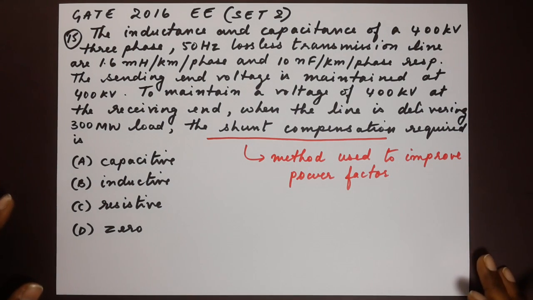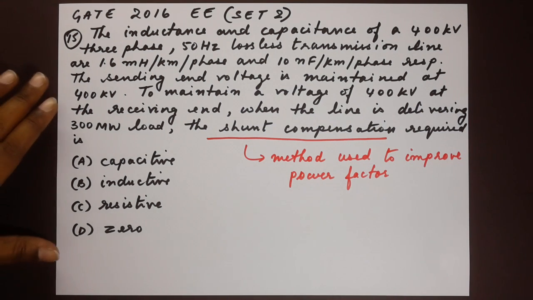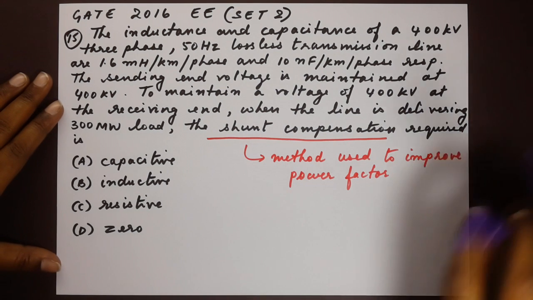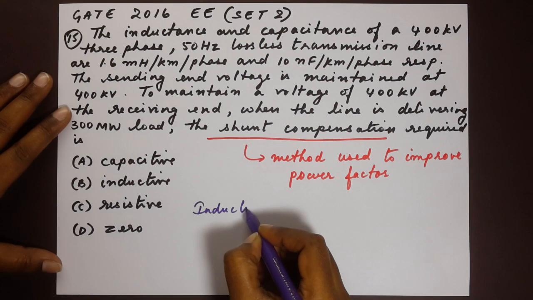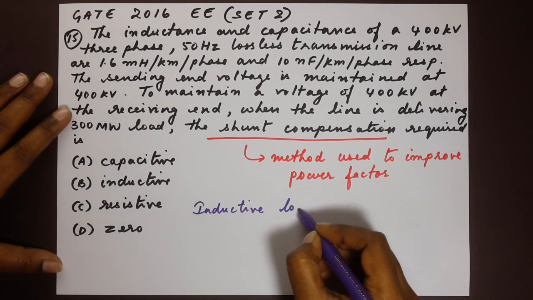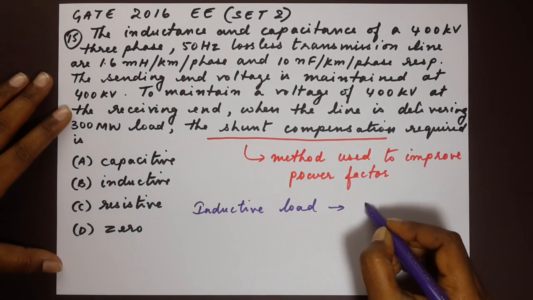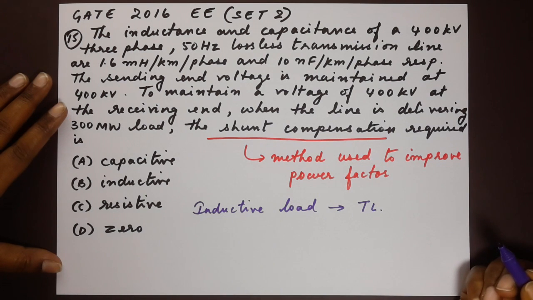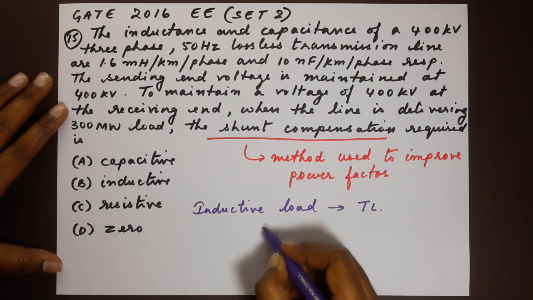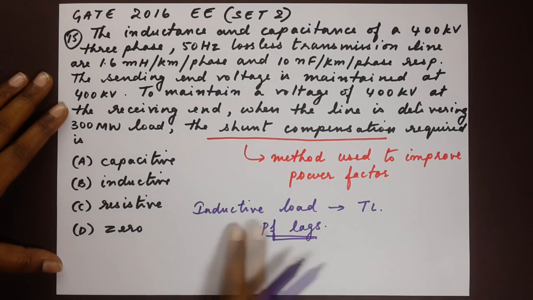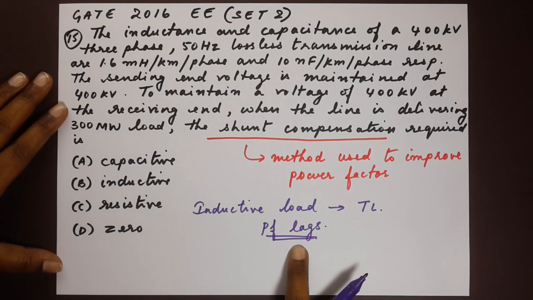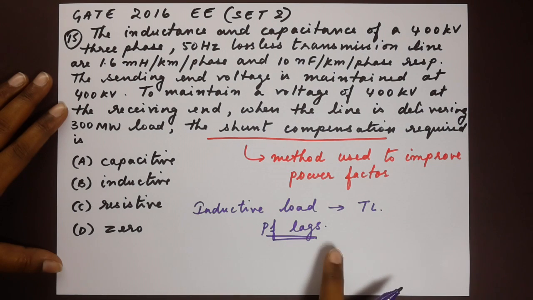So, let me just write that down here as well. If we were to have an inductive load that is connected to a transmission line, in this case the power factor lags. For an inductive load, the power factor would lag, and that is because of the lagging load current.